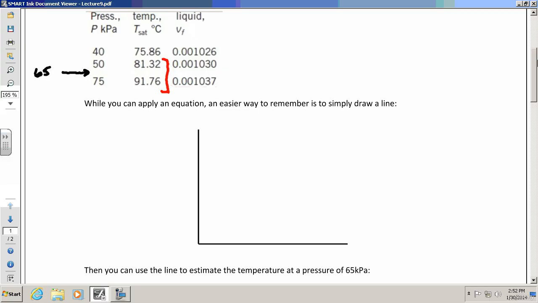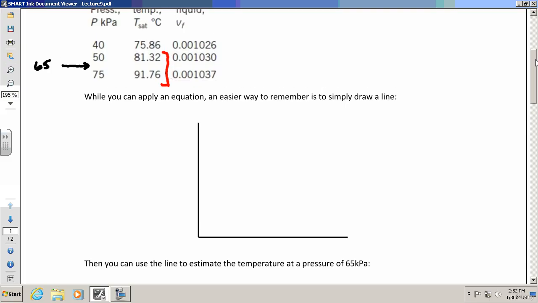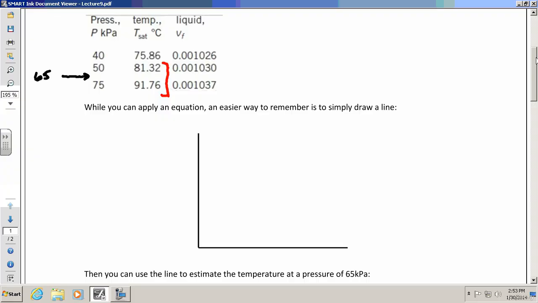So here's how I understand it. Instead of just giving you a formula and plugging and chugging, let me just show you how to understand this. It's actually really simple. All you have to do is go back to some old school algebra, stuff you learned like in 8th grade, 7th grade, or maybe earlier, I don't know. So when you do interpolation, I want you to think of drawing a line.